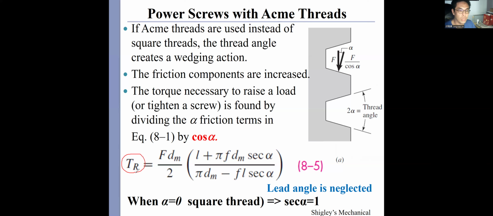Okay, so if the thread angle can be neglected, when alpha equals 0, that means the thread is the square thread.